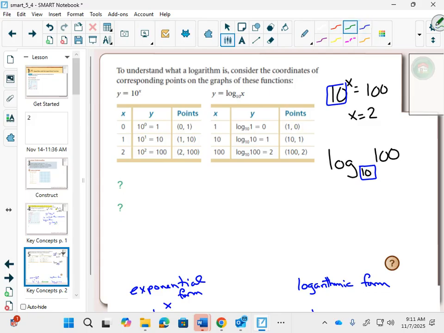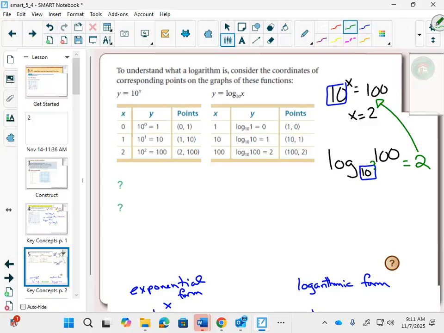Logarithms solve for exponents, so sometimes I put a little tiny question mark there, and ask myself, 10 to what would be 100? This is the same idea as this. Logarithms solve for exponents.